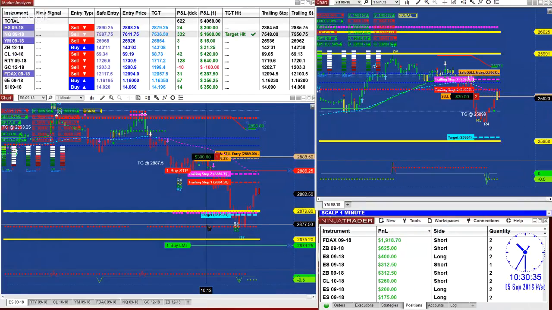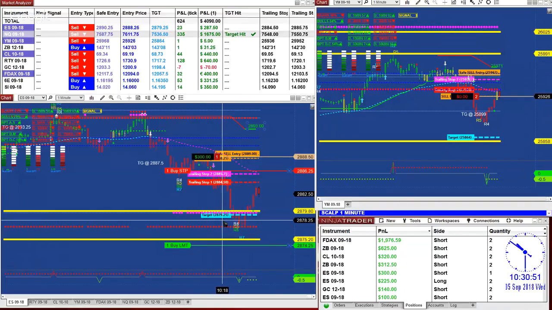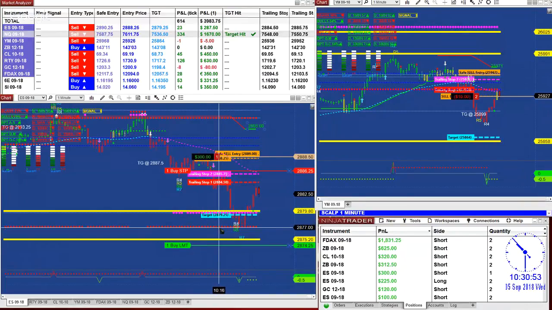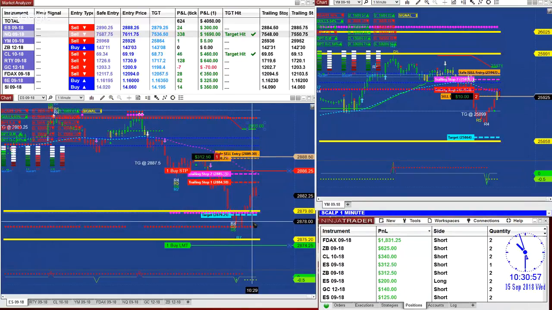This is an example. If you were using the fully automated, you would have got out of that trade with around $400. But if you were a little bit patient and using the ATM, when the market gave you a new target followed by a support line, right here you nailed 1000.